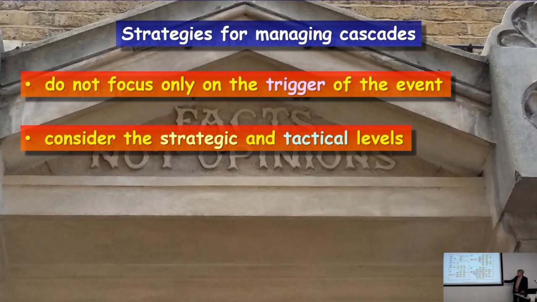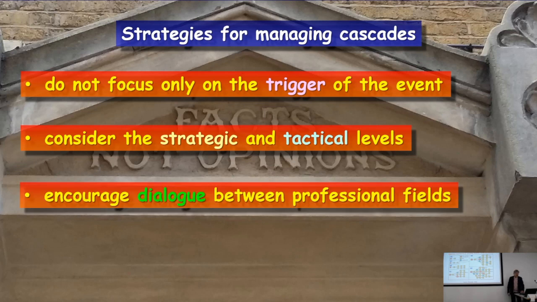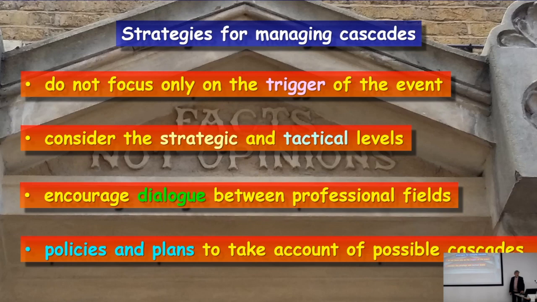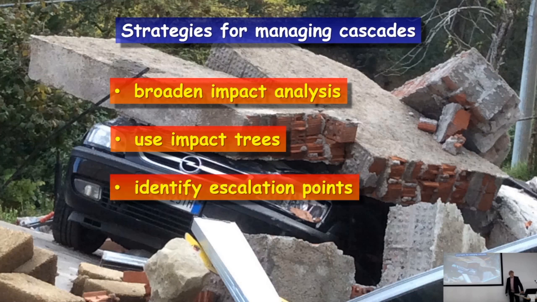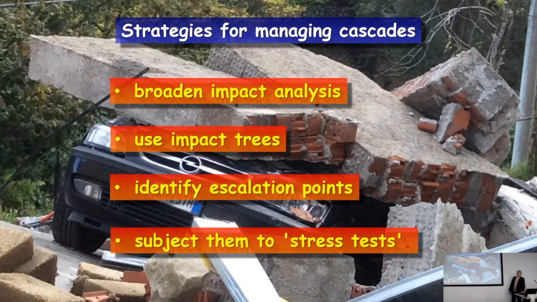Trigger of the event, strategic and tactical levels, dialogue between professionals, people like you, policies and plans with scenarios in them. Broaden the impact analysis, context, again, context. Impact trees, escalation points, very important that, and stress tests, very topical, very fashionable at the moment. We all get them, but anyway, we need them.